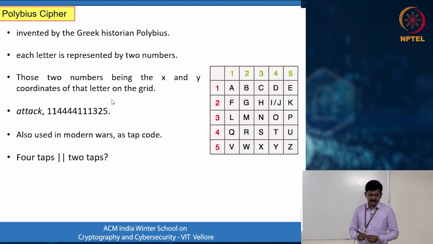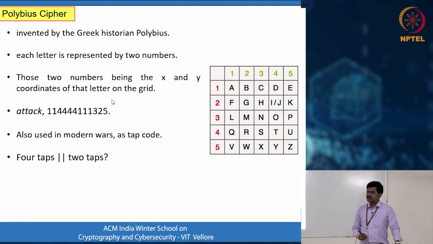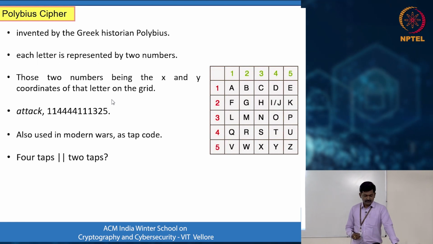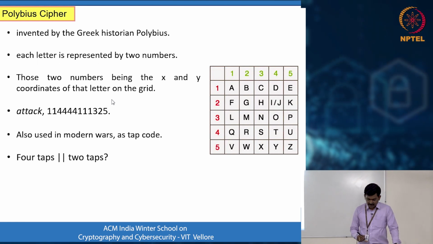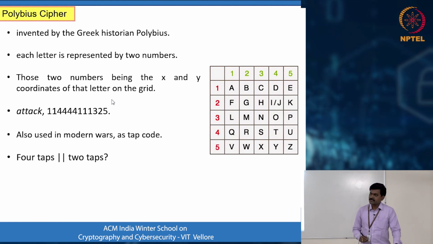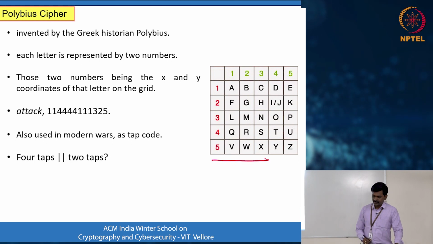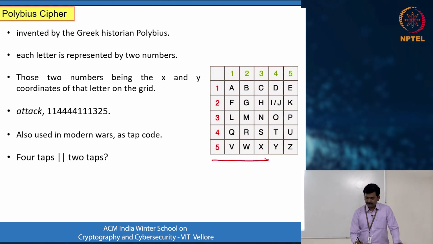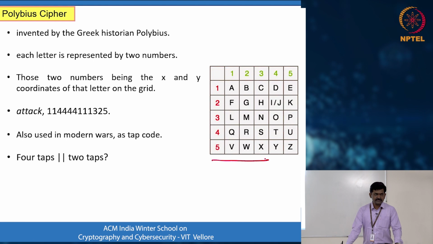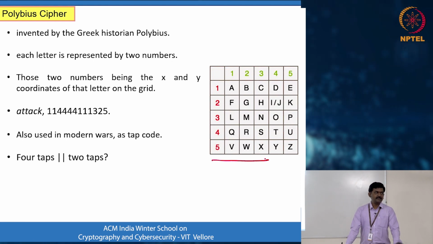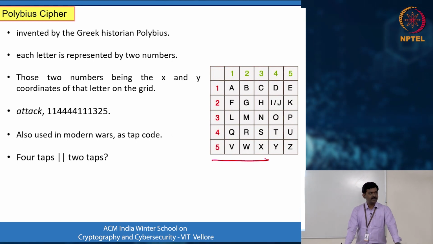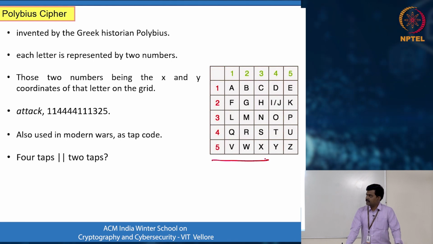So another classical cipher we have is the Polybius cipher. It was invented by the Greek historian. In this, we use this particular matrix, where if you notice, you have A to Z alphabets, and each alphabet has an equivalent number.